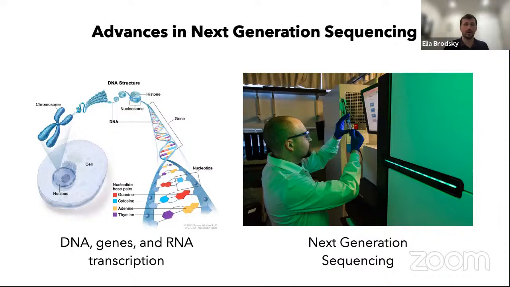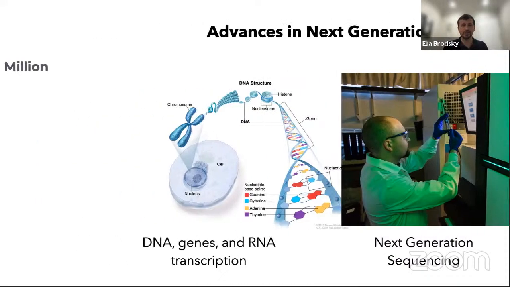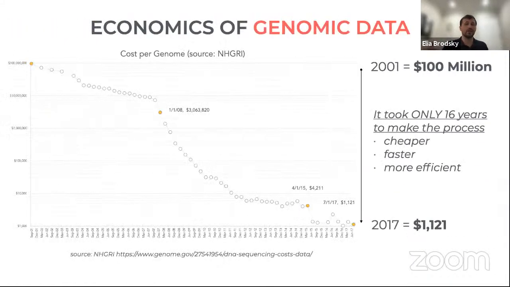And the unique part about next generation sequencing is that the cost has been dropping very steadily over time. So if you think back to 2001, we started from $100 million to sequence the full genome.